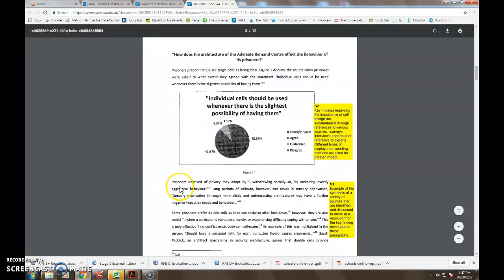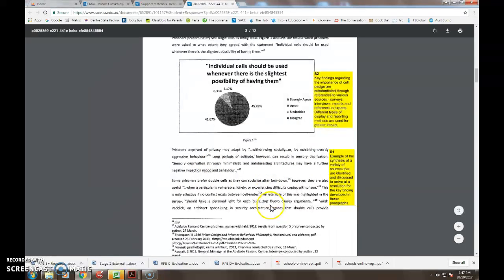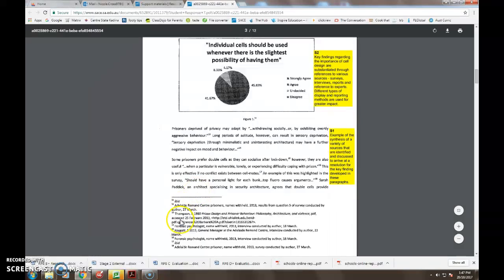Further on down, prisoners deprived of privacy may adapt by. They've given some examples and used a different reference for that one. Long periods of solitude, however, can result in sensory deprivation. Sensory deprivation may have a further negative impact on mood and behaviour. That comes from, again, a different interview that was held, but they have also then gone back to their survey results.